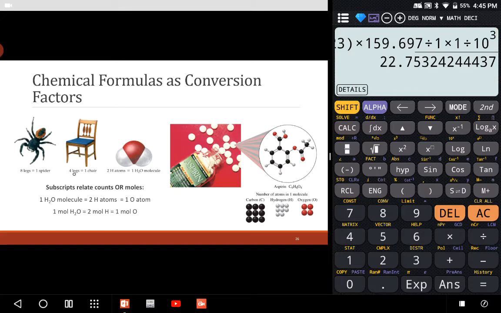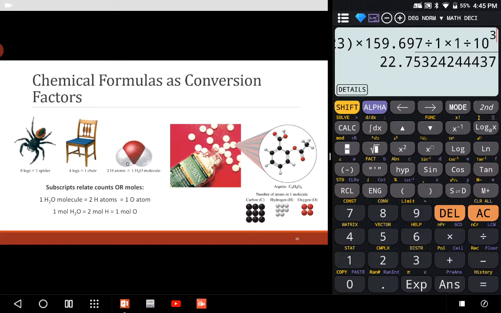Similarly, chairs only have 4 legs. And then one water molecule has 2 hydrogen atoms. And so if we wanted to know how many hydrogen atoms were in a given set of water molecules, we can use the subscripts in that chemical formula to figure out how many hydrogen atoms that is.